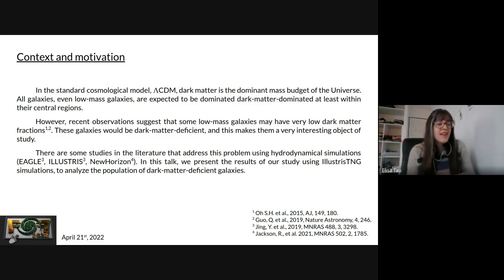But recently, there have been some observations that suggest that some dwarf galaxies and low mass galaxies have a very low dark matter fraction. So in comparison with the normal galaxies, these other galaxies would be dark matter deficient. And this is an interesting point and makes them an interesting object of study.